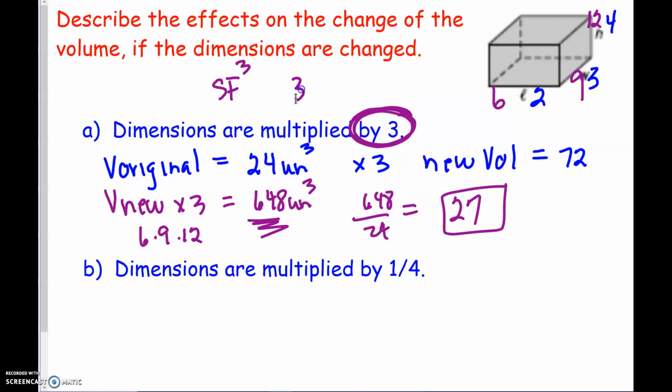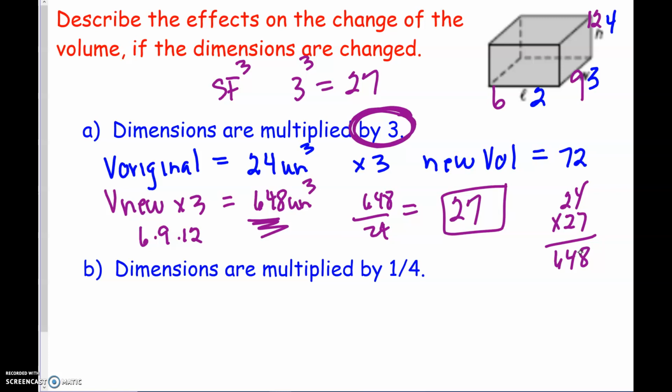When you take 3 cubed, that is where that 27 comes from, 27 times the original. So if we just take that original 24 times 27, the new volume would be 648. We don't necessarily need to know the dimensions, we just need to know the scale factor.